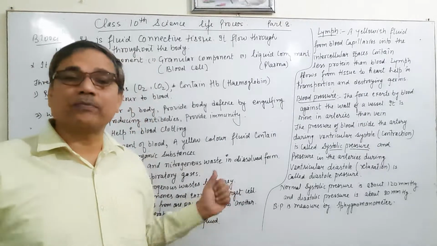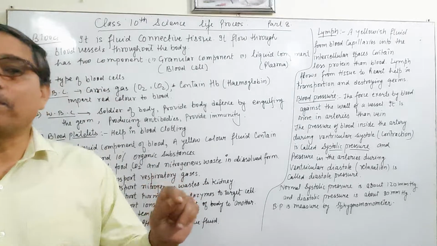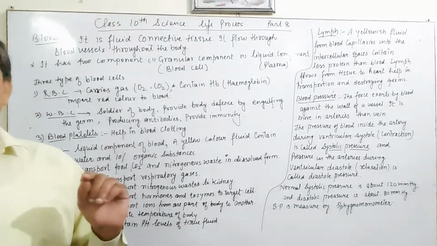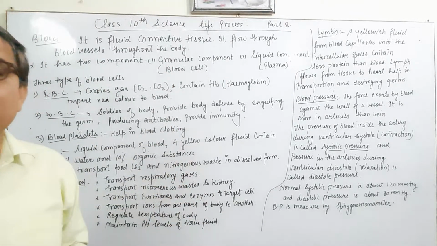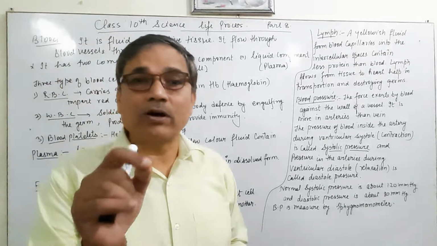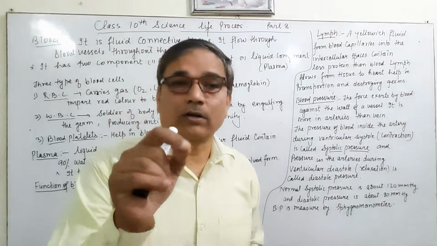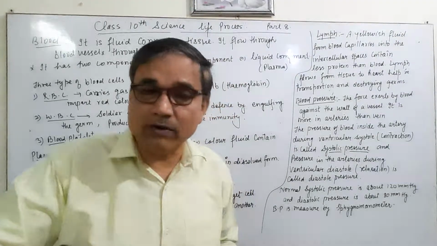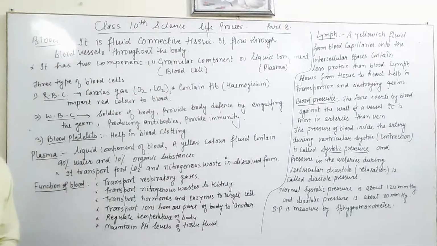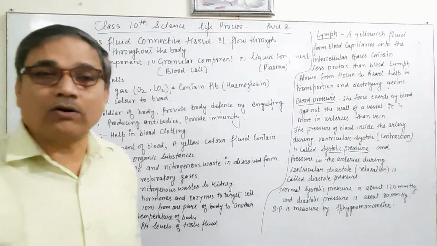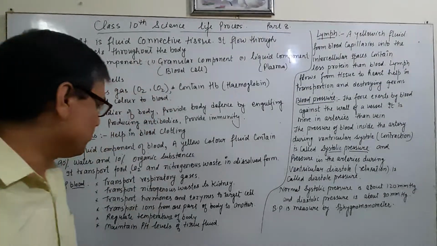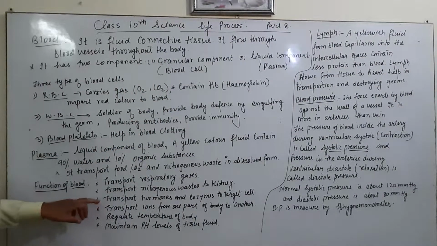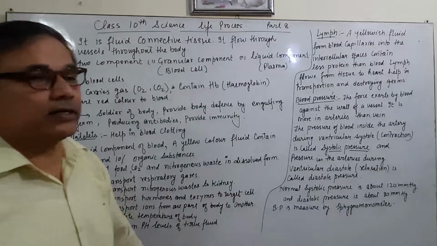Same as the plasma, because plasma is present in the blood. It carries the nitrogenous waste from all parts of the body to the kidney, because the kidney helps to excrete the waste substances from our body, but the kidney excretes only the liquid part from our body. It helps to transport the hormones and enzymes to the target cell.